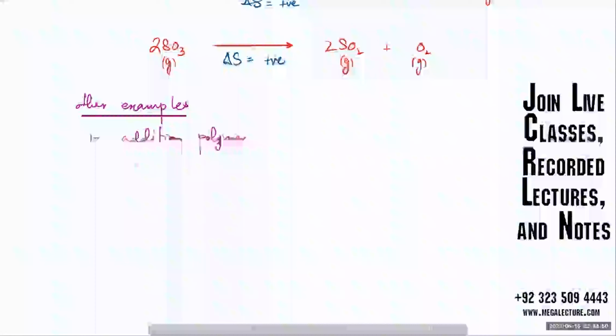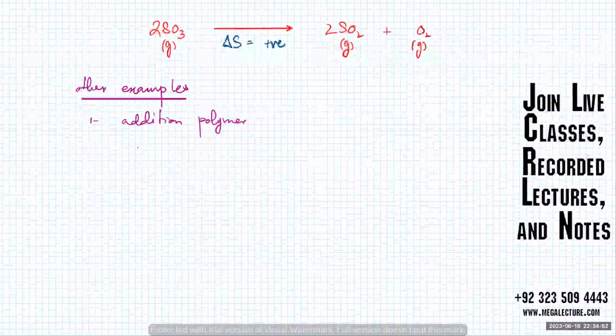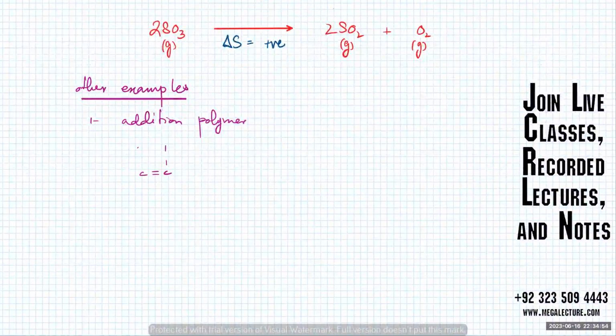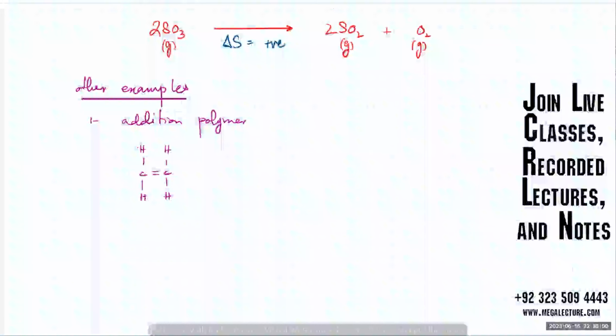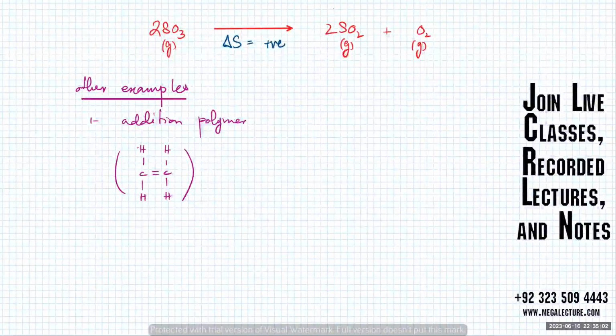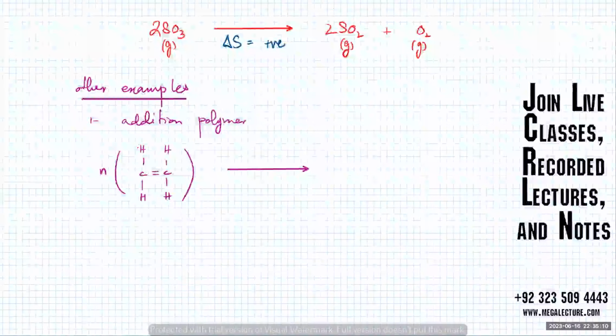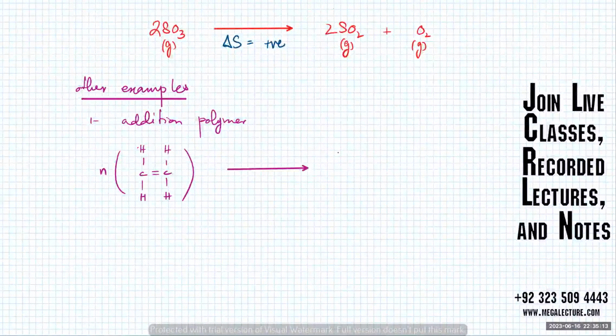I've got lots of alkenes, and these alkenes join up and form one polymer chain.